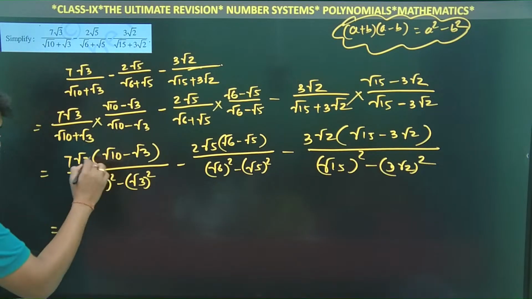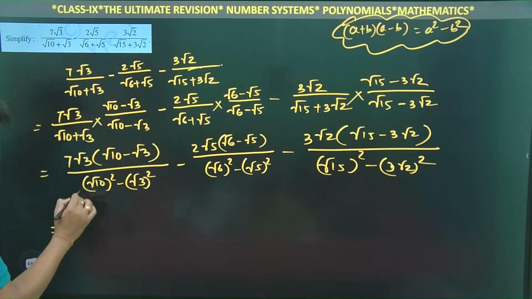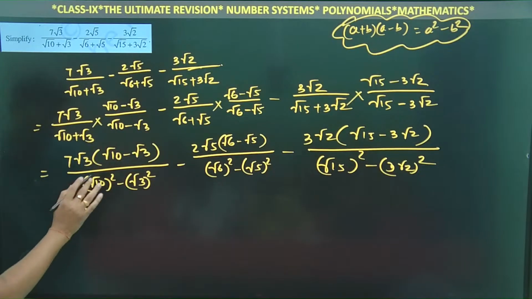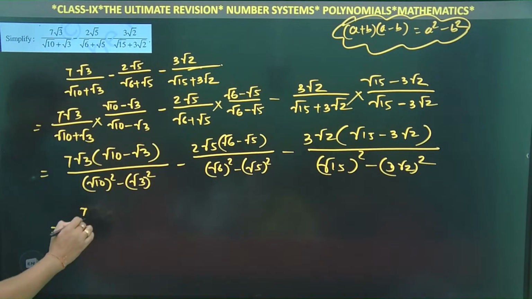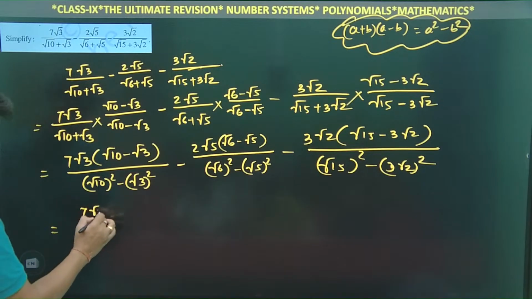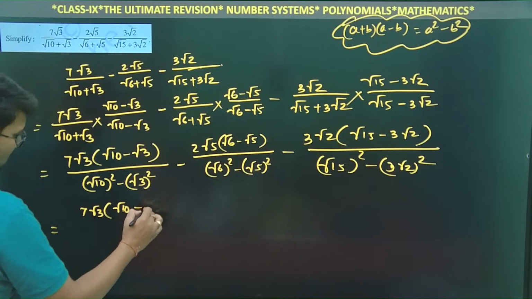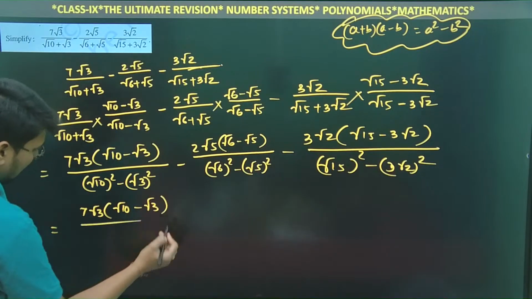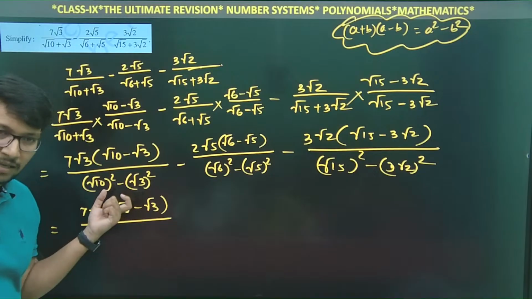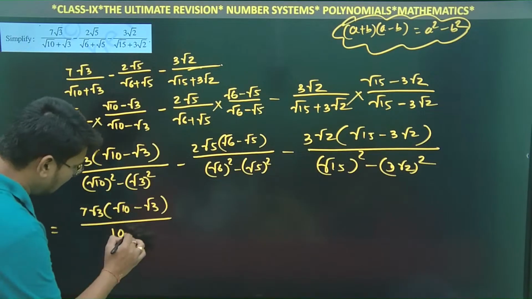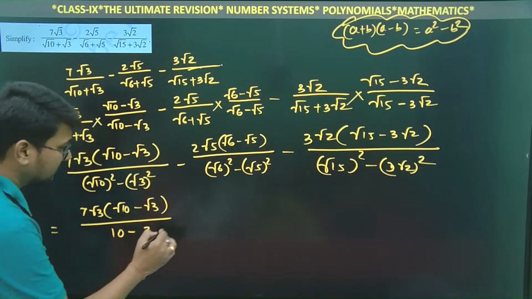Okay, now check. We will multiply, that is 7. Let it be like this. 7 root 3 into root 10 minus root 3 whole, divided by, this one only we will simplify. What is root 10 square? 10 minus root 3 square, 3.